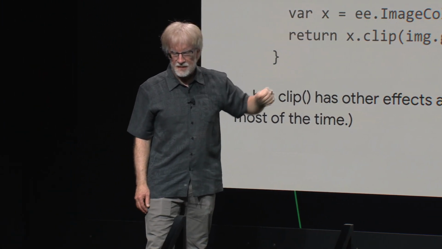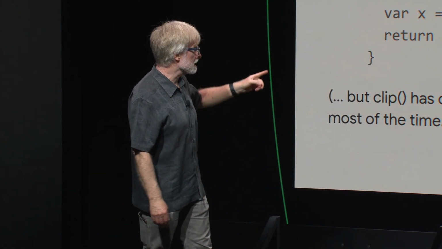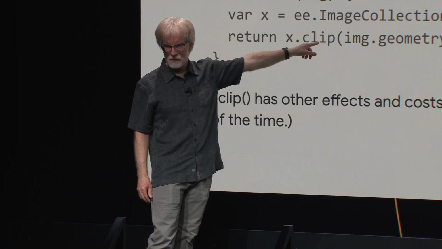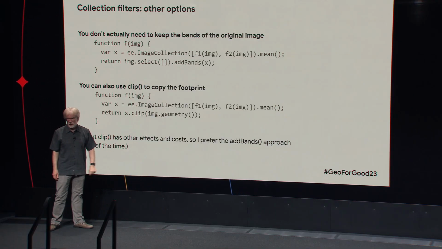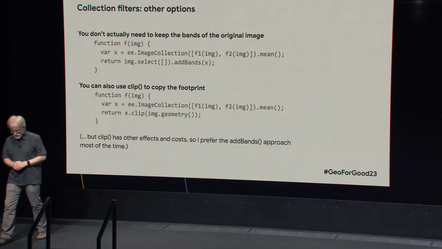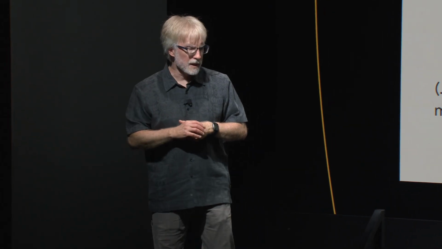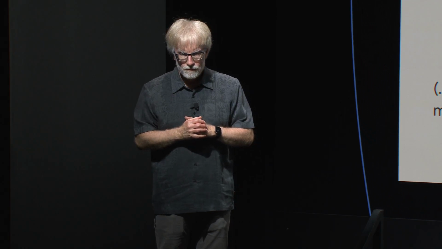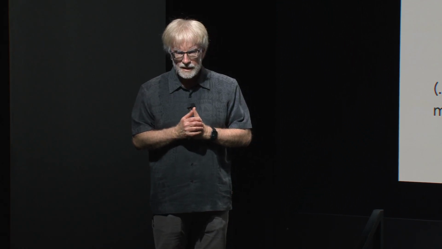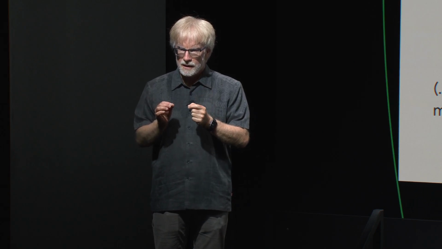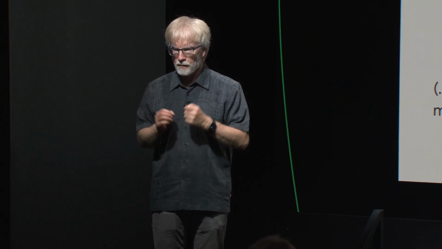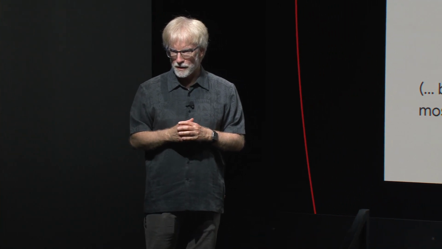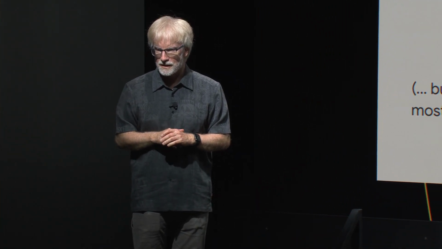The second question was about potentially using clipToBoundsAndScale here, which is another function that does several things at once. And I wouldn't expect it to be better than clip. Honestly, clipToBoundsAndScale is doing enough different things that I would be reluctant to put it in my script and not know whether I wanted each of the individual things that it was doing.